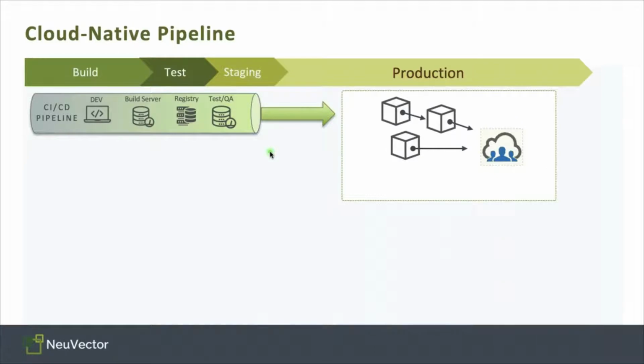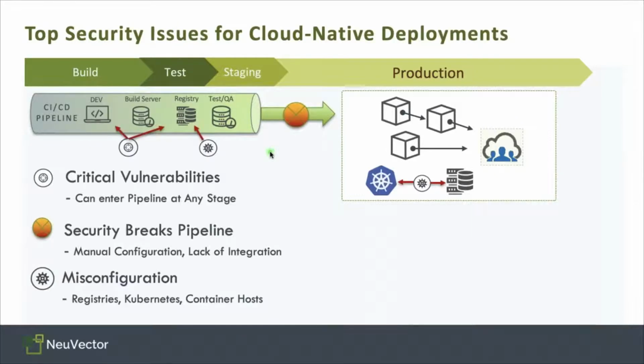Now, what are some of the top security concerns that you should be aware of in this pipeline? So the first is that critical vulnerabilities can be introduced really at any stage of the pipeline, all the way into production.